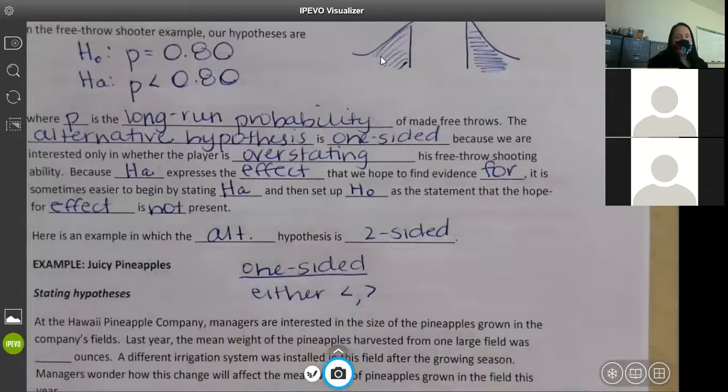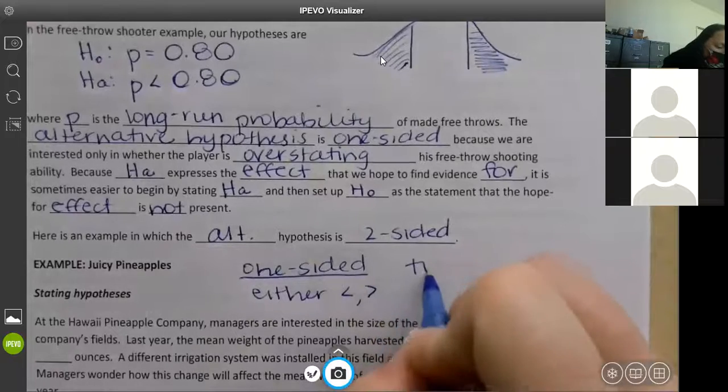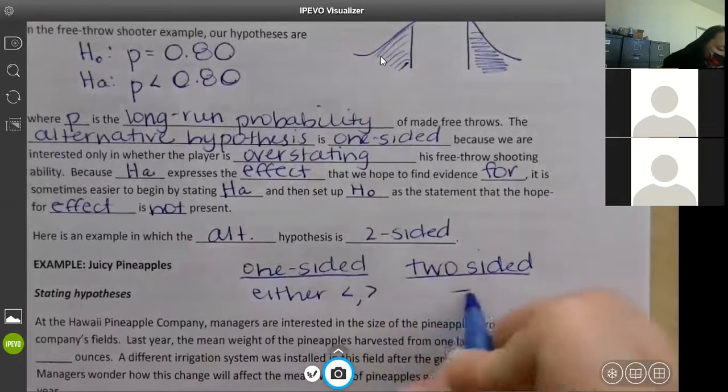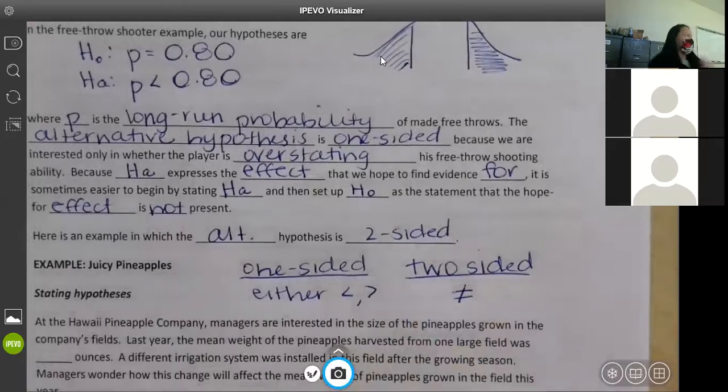Let's just work on writing the hypotheses, and it'll make more sense when you see an example, when you state conclusions, than if I try to explain it right now. And then a two-sided is going to be not equal to, so it's going to be on one side of it or the other, not equal to it.